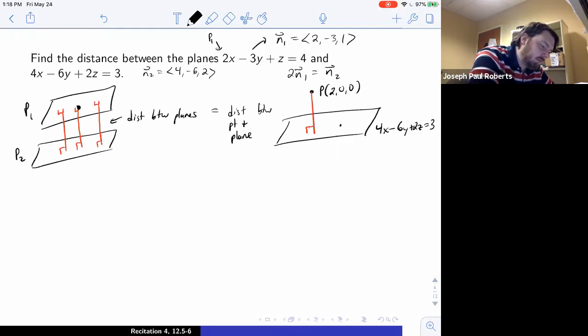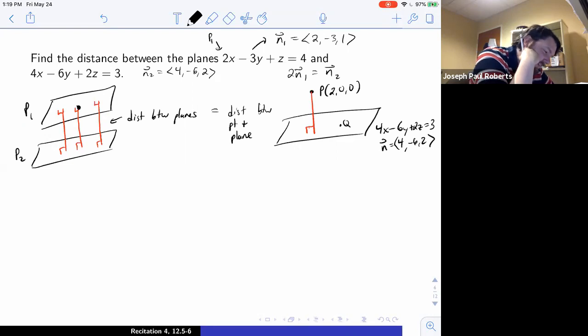Remember, the idea is that we have our normal vector n, which in this case is 4, negative 6, 2. We could pick any point q on plane 2. And is there a way to do this without fractions? Is there an easy way to do this without fractions?